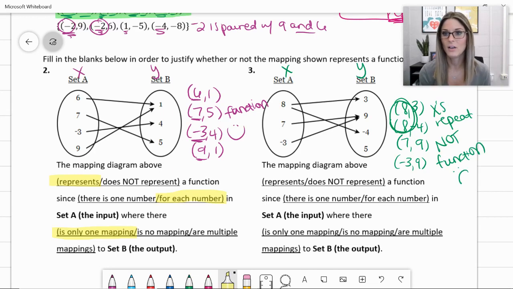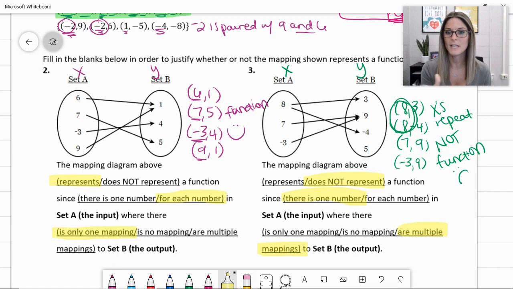So let's fill in the choices. The mapping diagram above does not represent a function, since there is one number in the input, that 8 value, where there are multiple mappings from 8 to the output. 8 is mapped to 3 and 8 is mapped to -4.